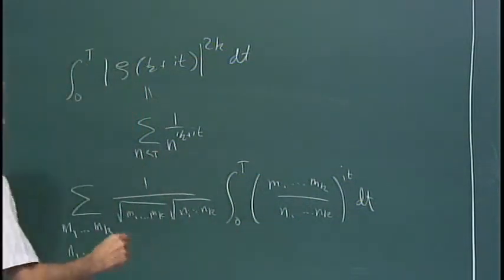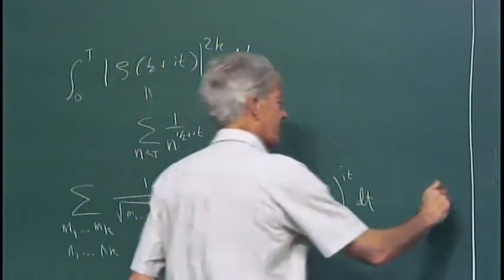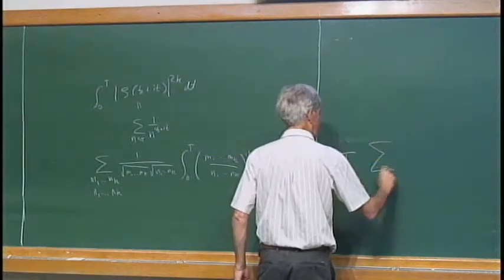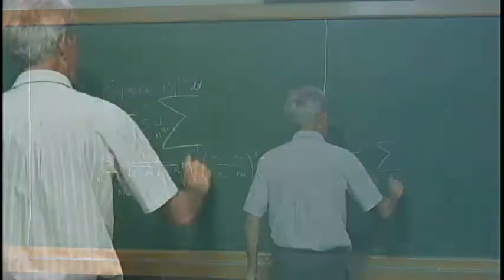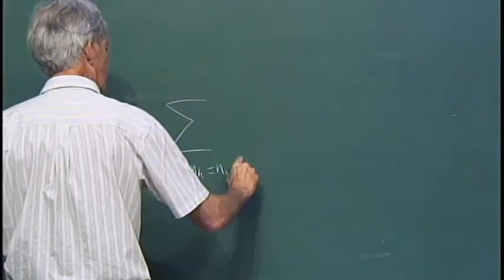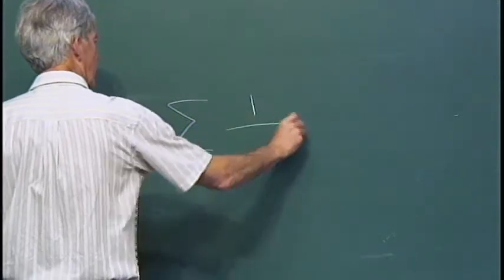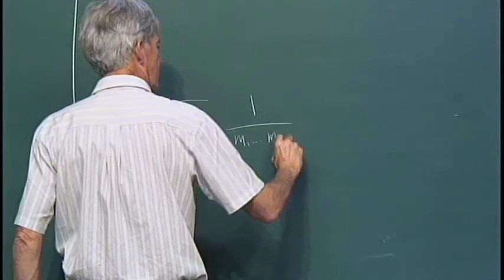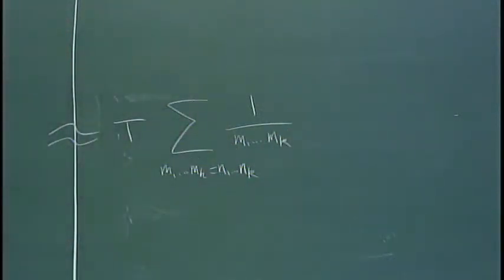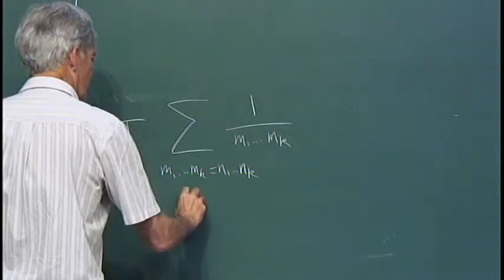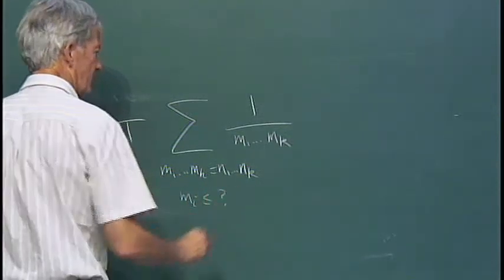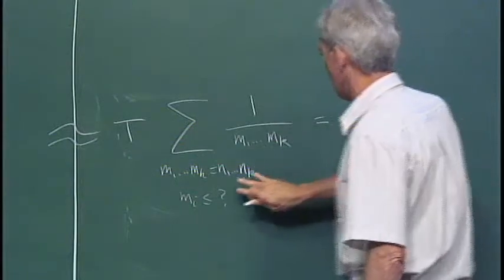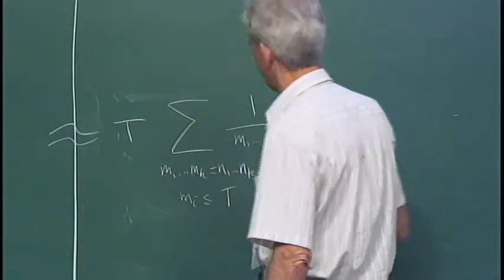So your first thought might be that this could be somewhere around t times the sum over m1 through mk equal to n1 through nk. Well, if they're equal, then we can just write, say, m1 up to mk like that. And then the mi's go up to something, I'm not sure what, but let's suppose they went up to t.